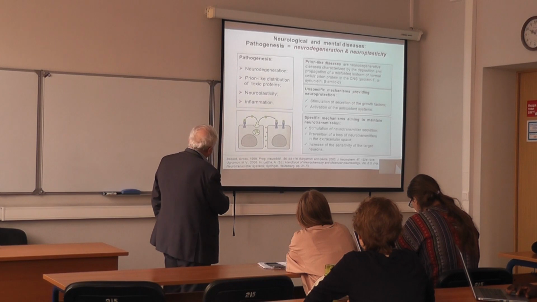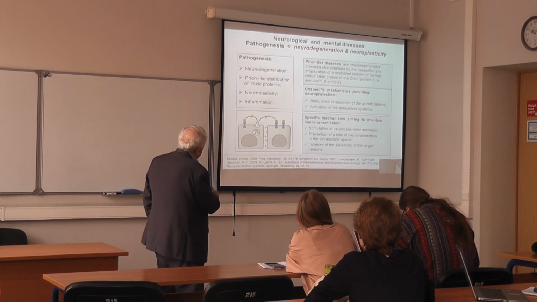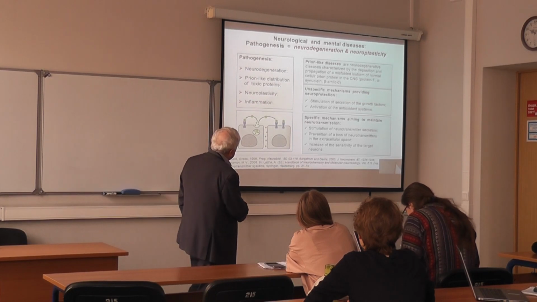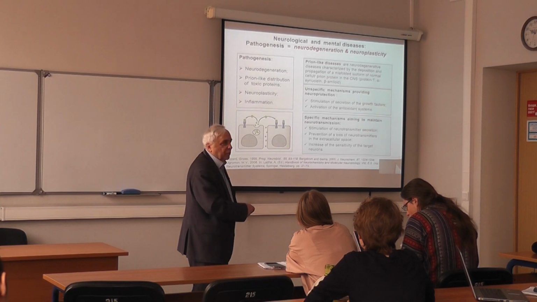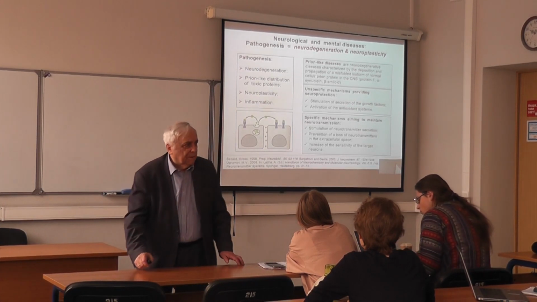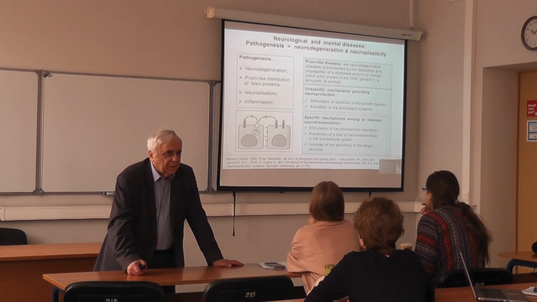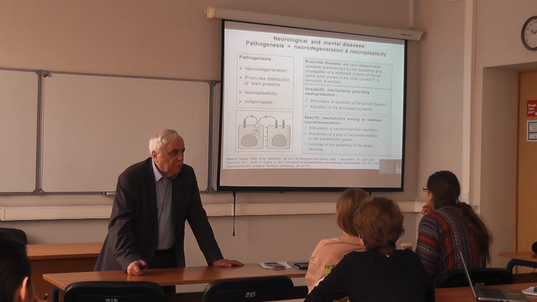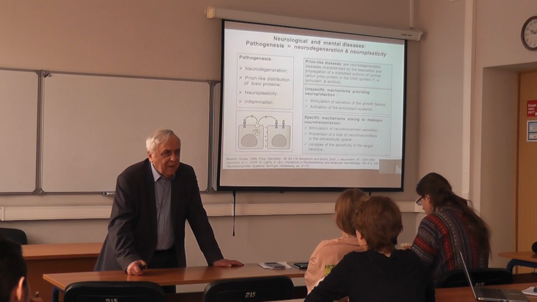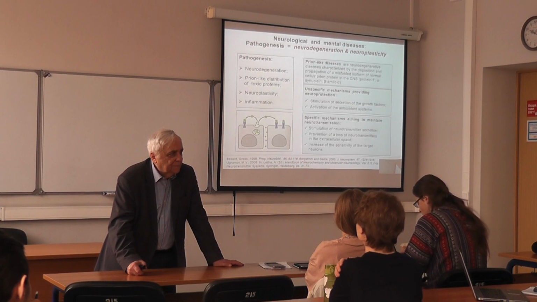Well, so then there is another element of the pathogenesis of neurodegenerative diseases. This is neuroplasticity. Due to neuroplasticity, diseases like Parkinson's disease and Alzheimer's disease develop for decades without any manifestations of clinical symptoms.